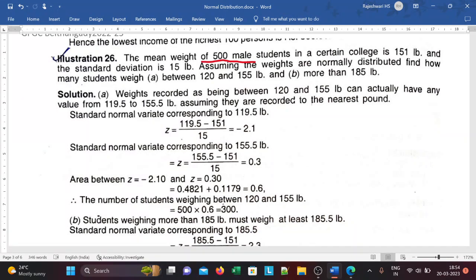On average, the mean weight is 151 pounds, and the standard deviation, which is how much it may vary, is 15 pounds. Assuming weights are normally distributed, find how many students have a weight between 120 and 155 pounds. So it's very simple.